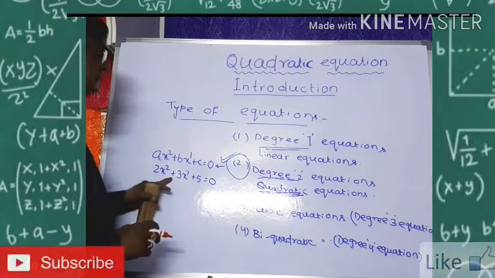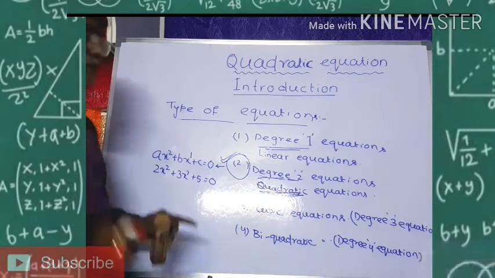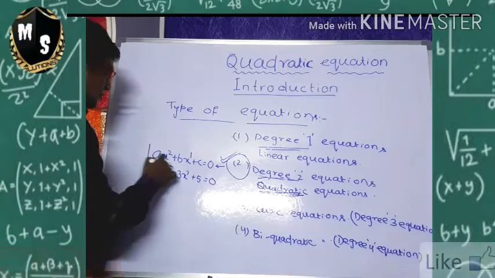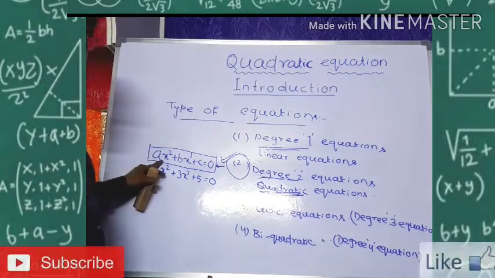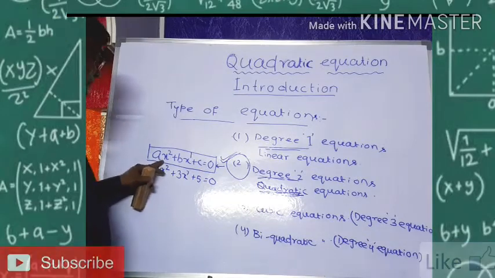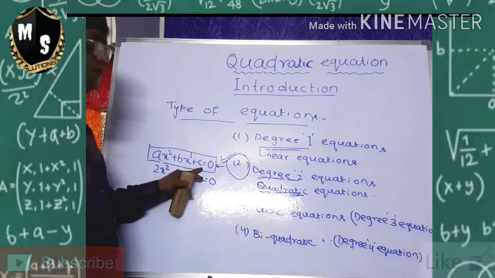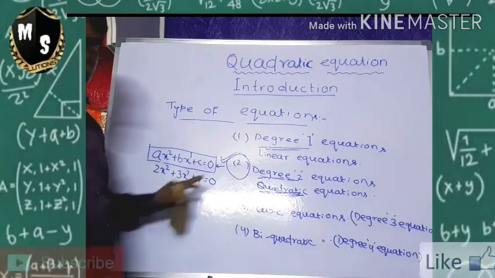So now it is a degree 2 equation, and degree 2 equations are always going to be in this format. What is the format? The format is ax square plus bx plus c equal to 0. Understood?